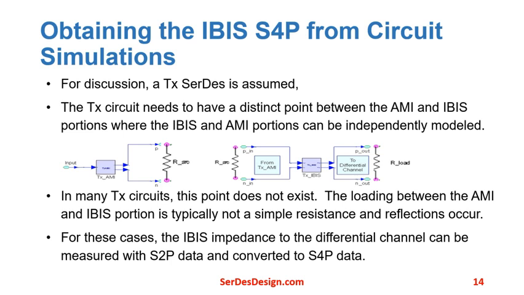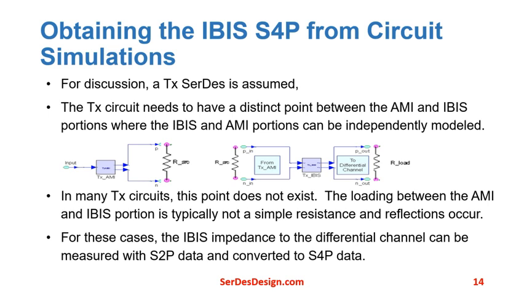For discussion, a transmit SerDes circuit is assumed. To capture the transmit circuit IBIS S4P buffer characteristic, the transmit circuit needs to have a distinct point between the AMI and IBIS portions in the circuit, where the IBIS and AMI portions can be modeled independently. In many transmit circuits, this point does not exist.